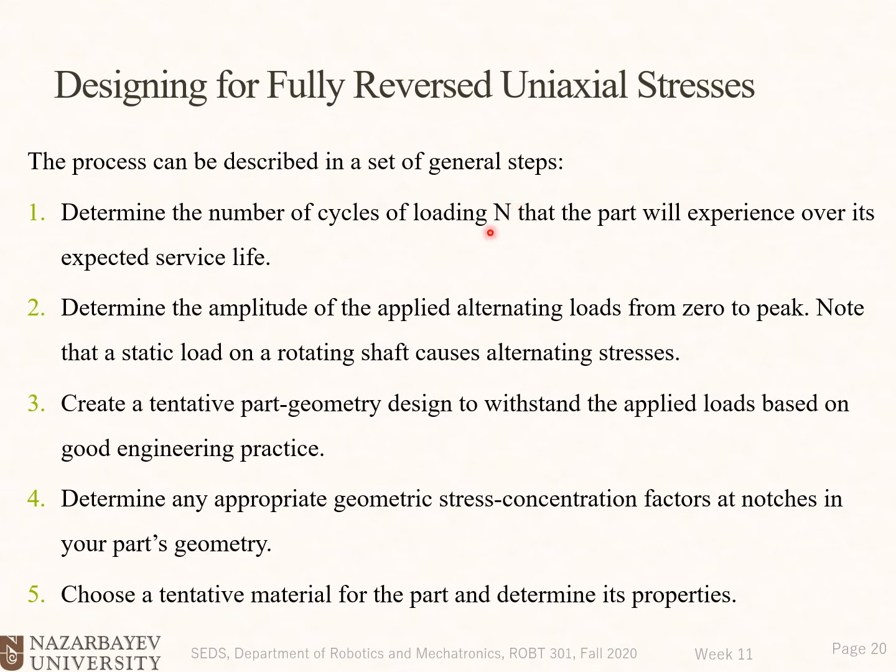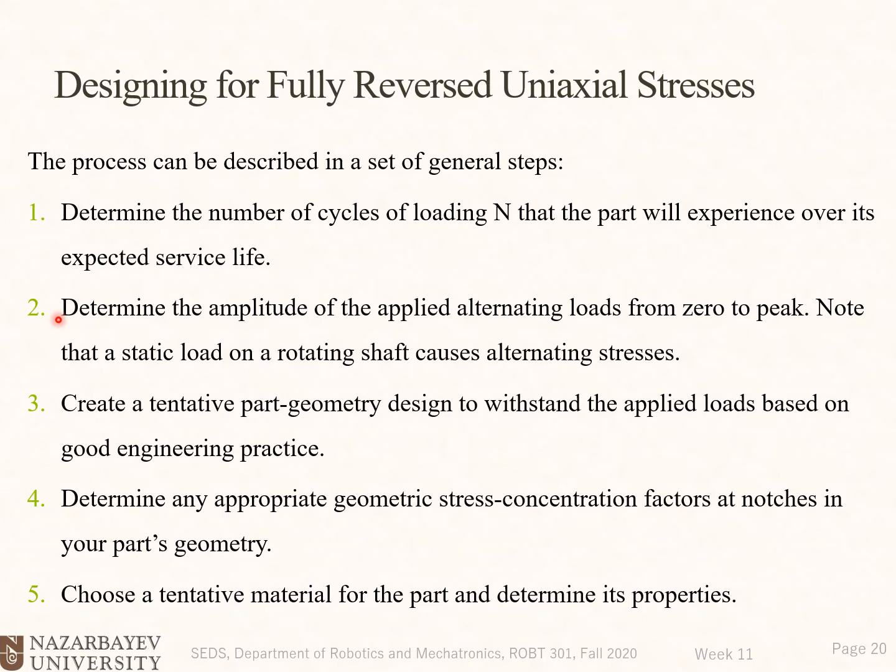Why do we need that? Because you remember the SN diagram. We need to calculate the fatigue strength, that SF, and based on the SN diagram, we need that N. Second, determine the amplitude of the applied alternating loads from zero to peak.